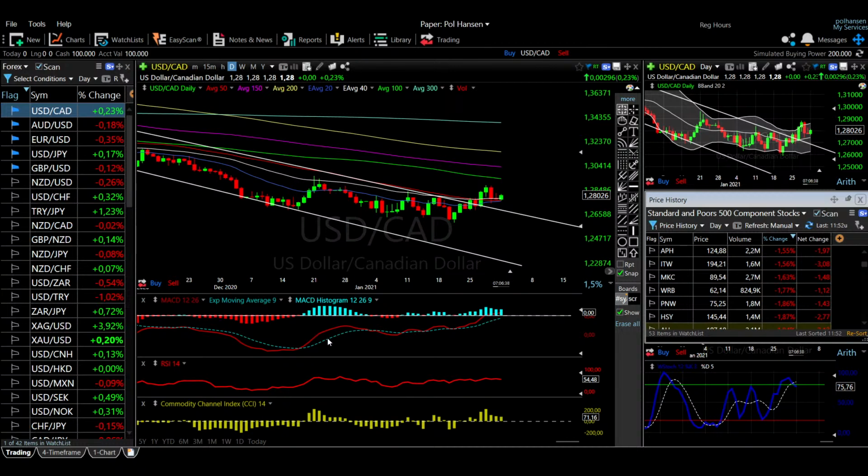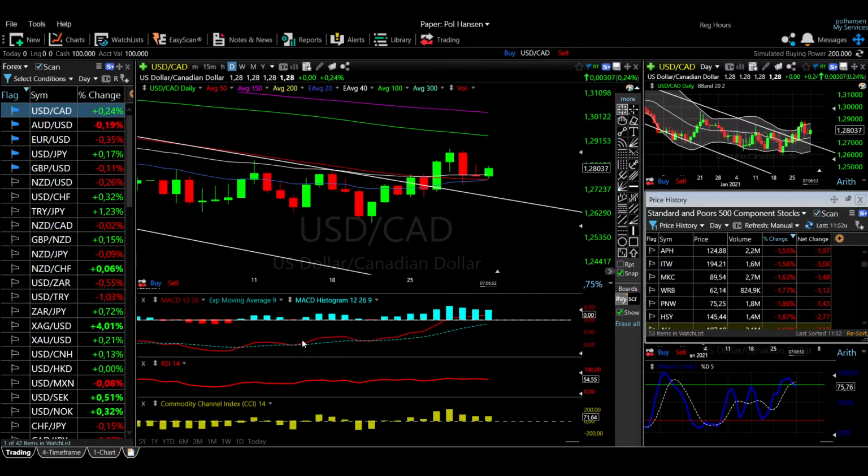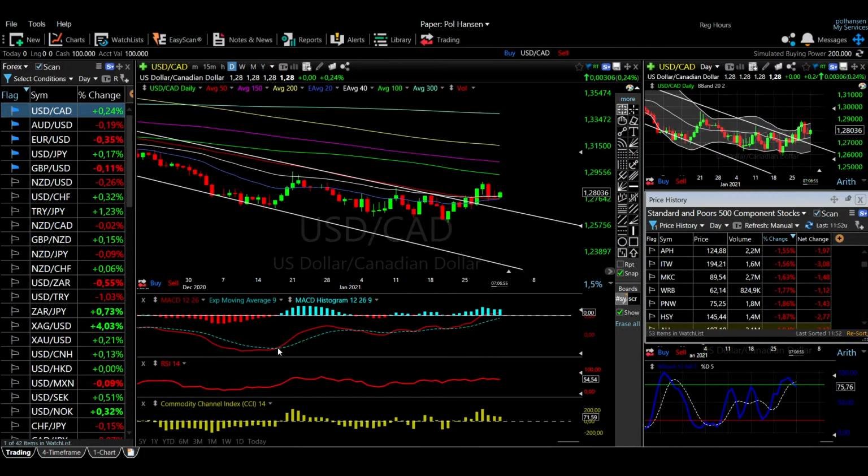So the MACD line and the signal line, when these cross, that is an indication that you're going to go from a bullish run to a bearish run, or from a bearish run to a bullish run. So every time they cross, for example, we have a crossing right over here. The MACD line is underneath the signal line.